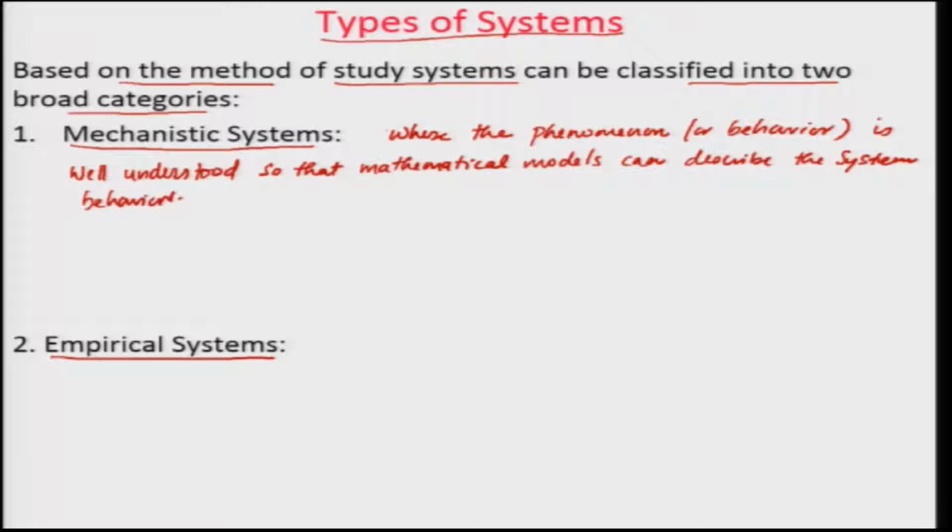So, when we are talking about a mechanistic system, the behavior or the phenomena of the system is very well understood, so that mathematical models are available to describe the behavior of the system.